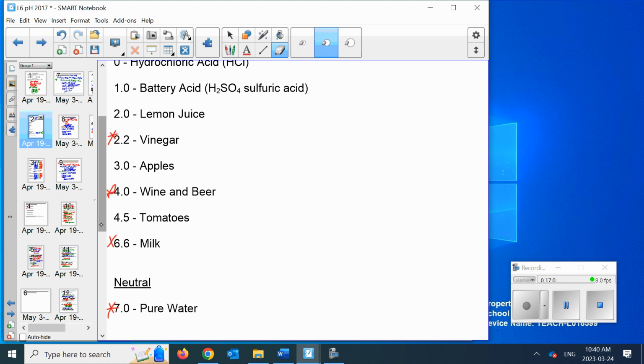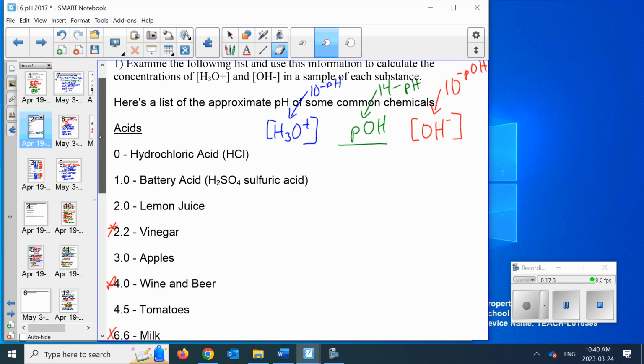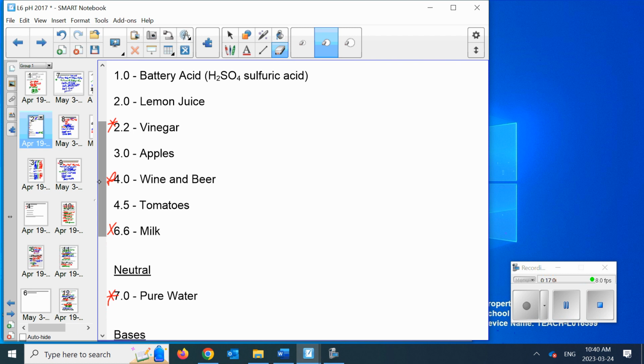Okay. I'm going to try to keep the same color scheme. H3O. So, if I want to find H3O, pretend I have a column, I've got to use that formula. What is it, from the formula sheet?